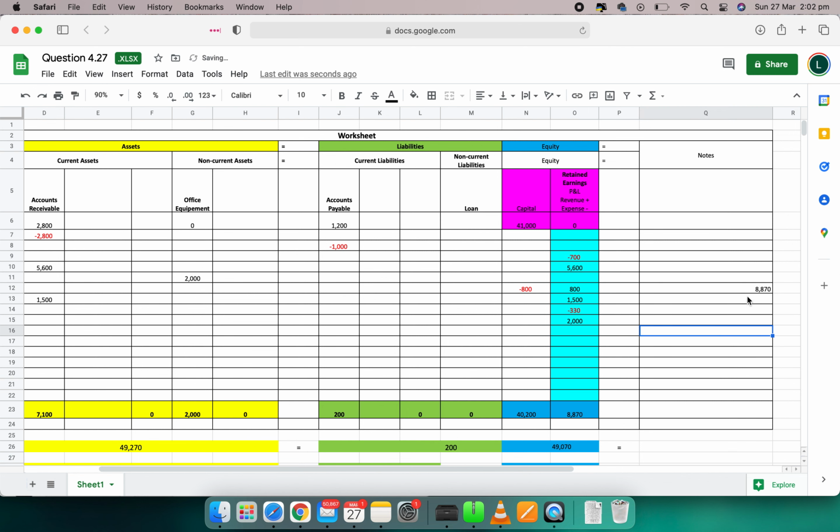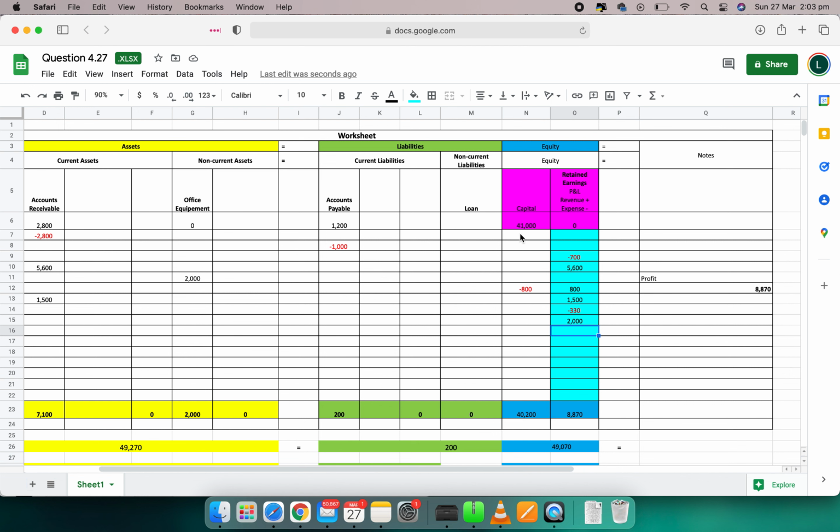Okay, so when we come next week to do our profit and loss, our profit should come to 8,870, which is our closing balance here, by the way. If by any chance this had an opening balance of $100, you can see that this increases by an extra $100. Okay, so we're bringing forward the profit we made during the year and recording it in our equity.